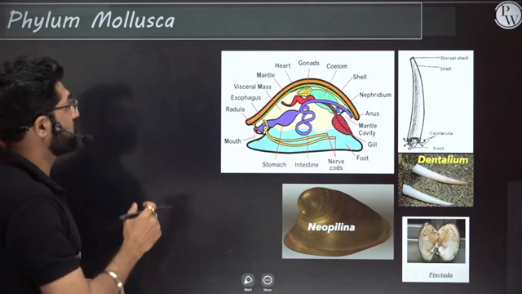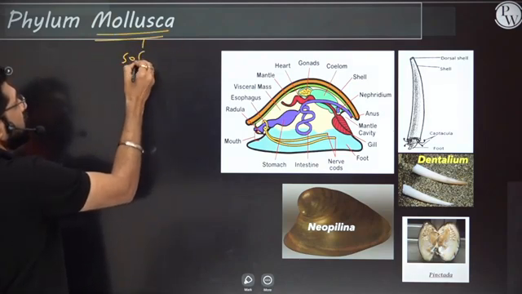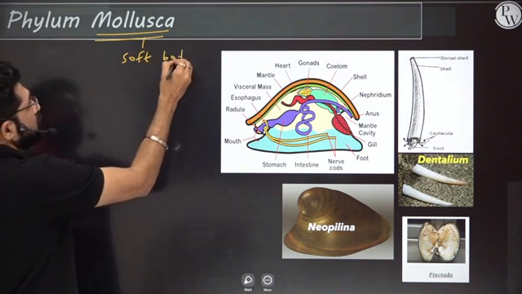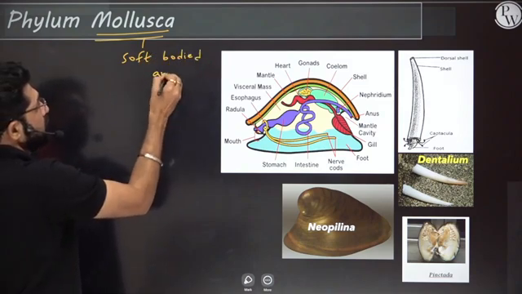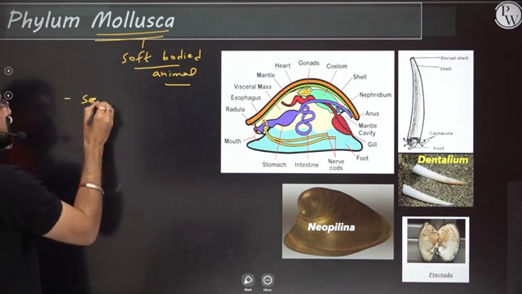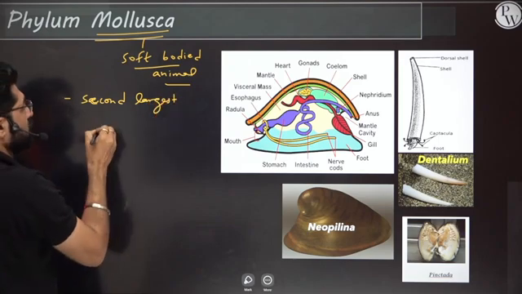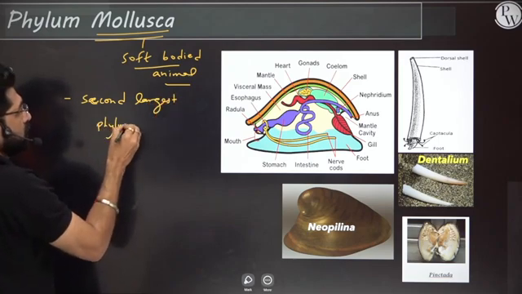Okay. So let's continue with the next phylum, that is Mollusca. Now molluscans are soft bodied animals. This is the second largest phylum in terms of number of species.